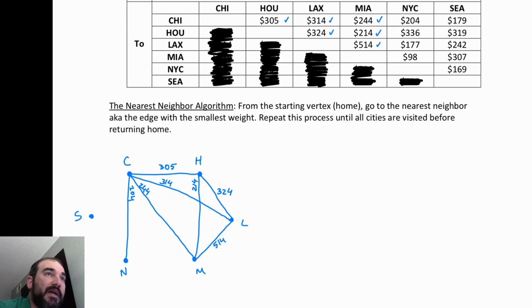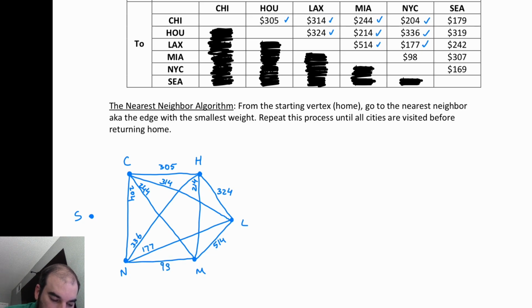Try to keep the numbers close to the edges that you're drawing, because as this gets busier and busier, it'll be harder to identify the numbers. 336 is from New York to Houston, so N to H is going to be 336. 177 New York to LAX. It's 177 there. 98 connects New York to Miami.